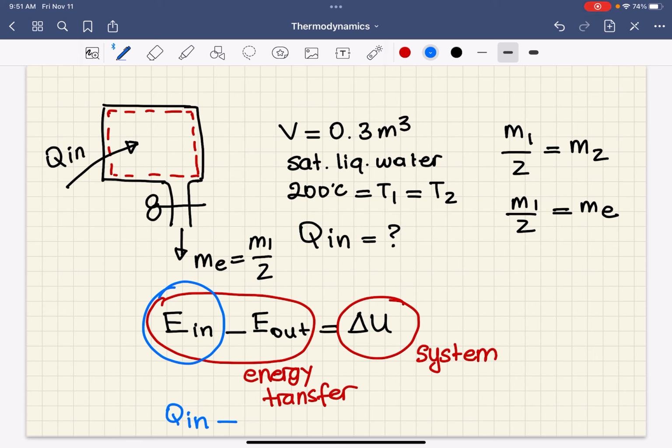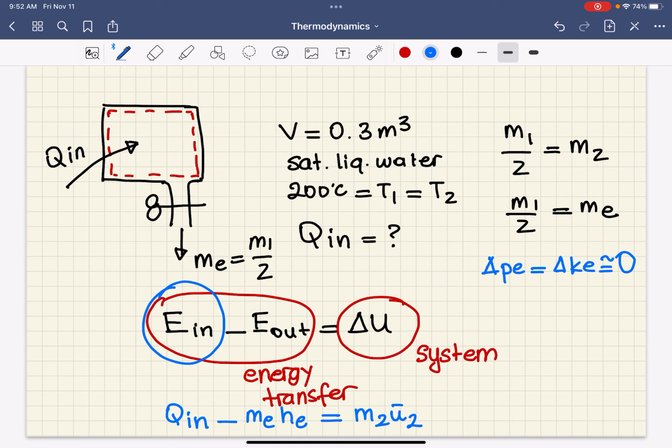Remember, energy getting out with the mass is related to its enthalpy if we assume potential and kinetic energy changes are 0. Therefore the exiting energy is the exiting mass times its enthalpy, and that is equal to the energy of the system at the second state, the internal energy m2 u2.